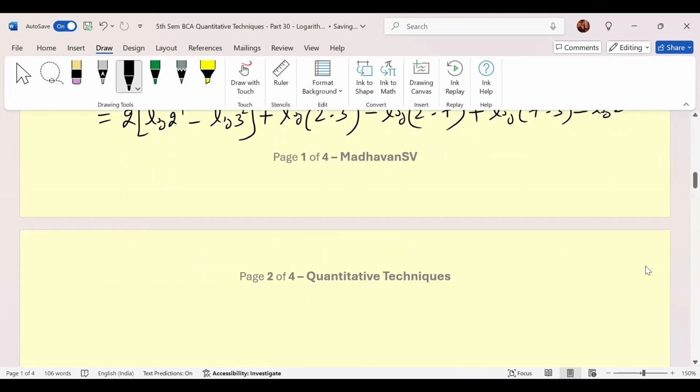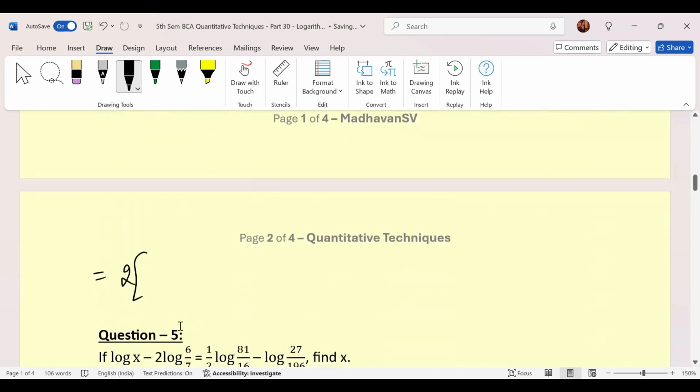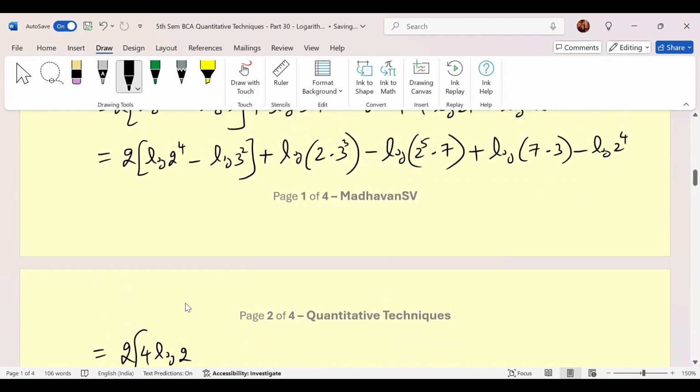Further, this can be simplified as 2 times, this is nothing but 4 log 2. Then the next one, minus 2 log 3.